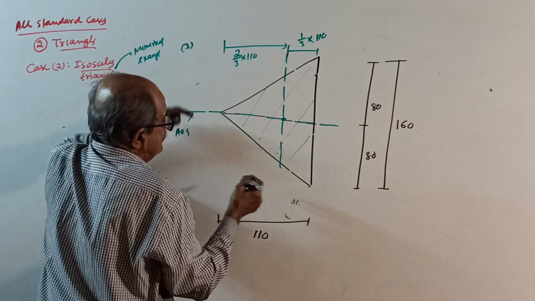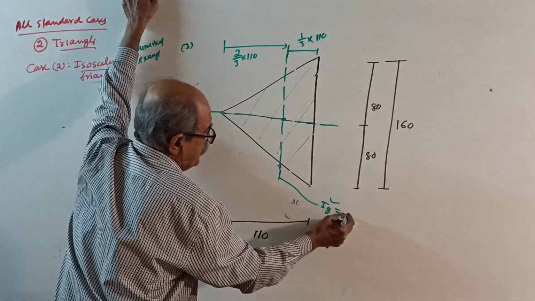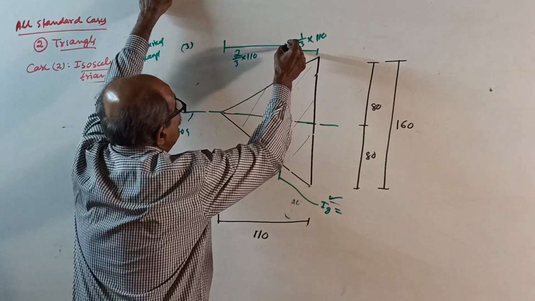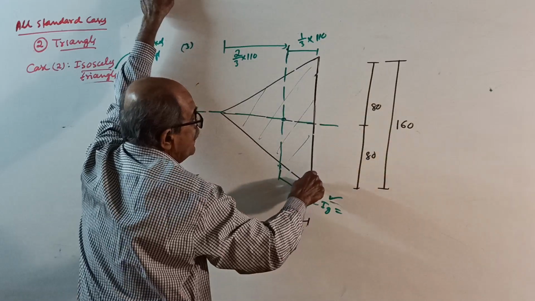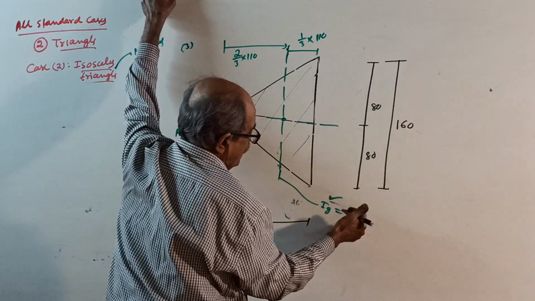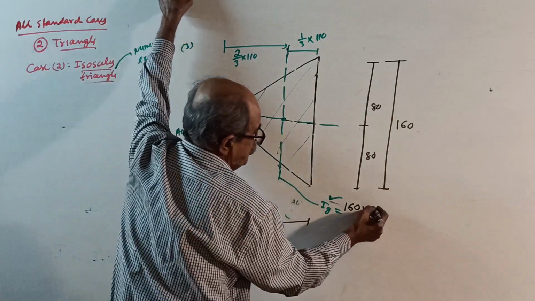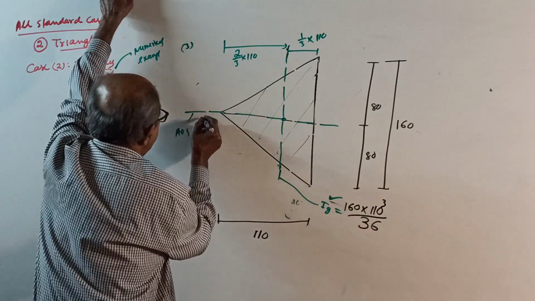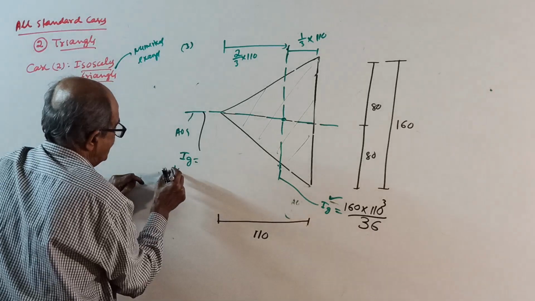Now, see, this IG, there is no problem, because when you want it about this axis, the base is clearly defined and the base is at the extreme edge here. So, parallel 160 into height 110 cube by 36. But this IG problem, see, star will come here.